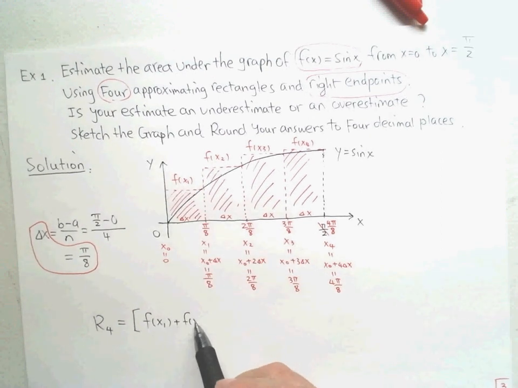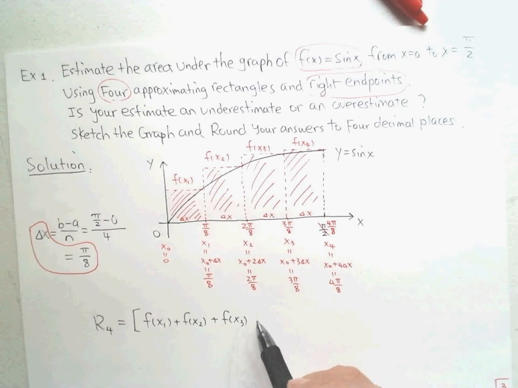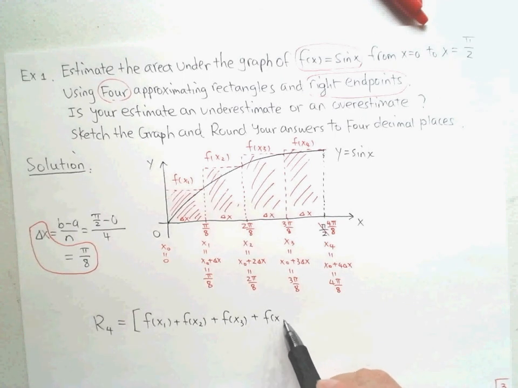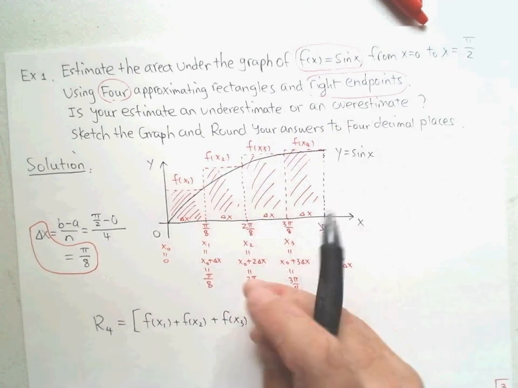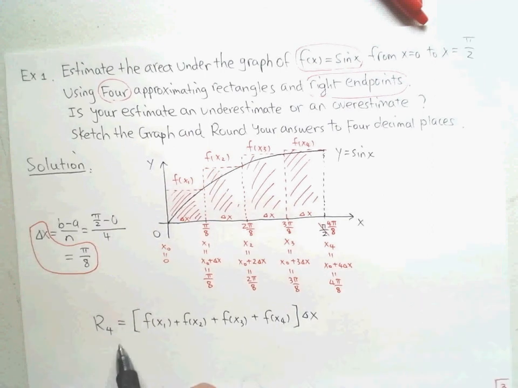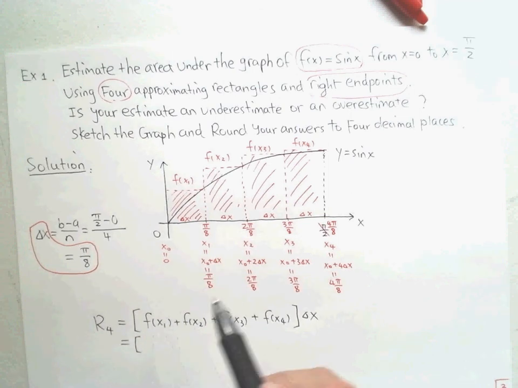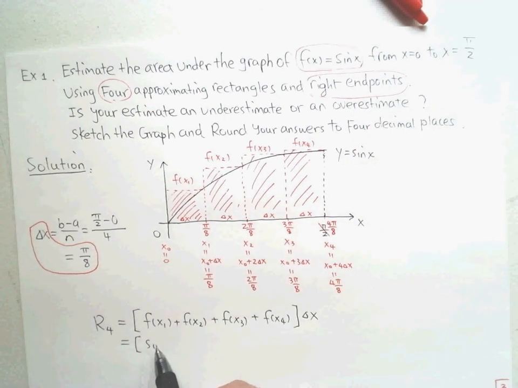It is f at the first x1 plus f x2 plus f x3 plus f x4, the sum of all the heights, times delta x. And then plug in everything we need. F is sine.